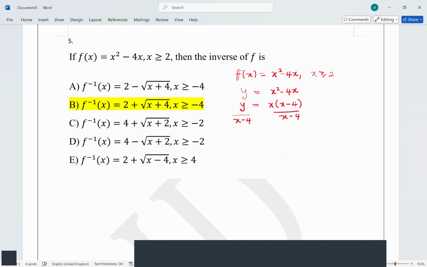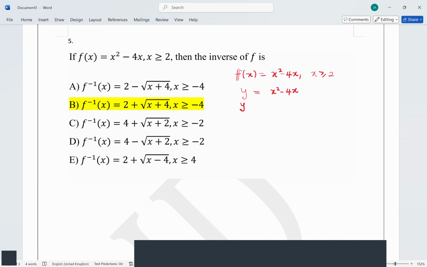So you can see here you will have y over x minus 4, and here you will have just x. But this is not correct because you are solving for x in terms of y. You cannot have x on the left-hand side and also have x here, right? So it means that we have to solve it differently.